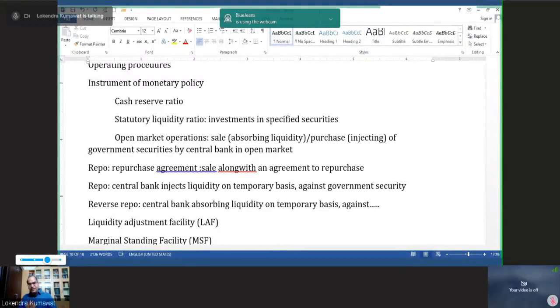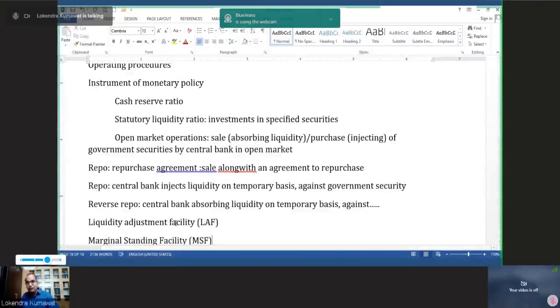If they still need more funds, they can borrow further from the RBI against government securities, over and above their entitlement to repo operations, at an interest rate which is a few basis points above the repo rate. That is called the MSF rate. So if banks need to borrow funds, they can borrow at the repo rate, and if they need more, they can borrow at the MSF rate. If they have surplus funds, they can park them with the Reserve Bank at the reverse repo rate.